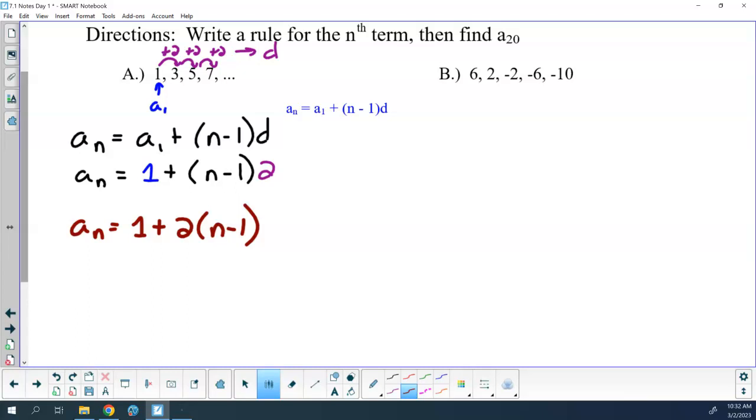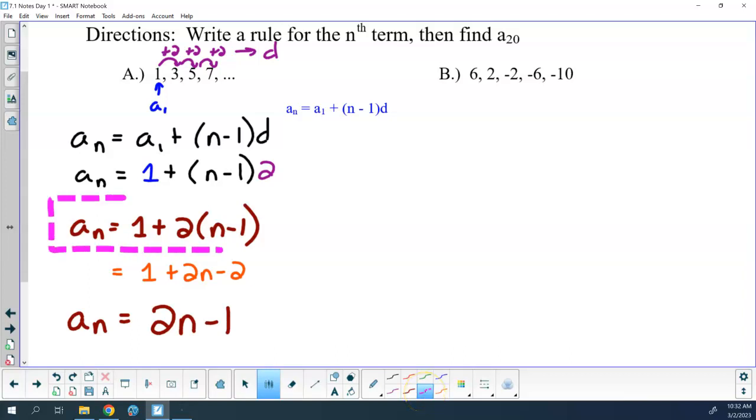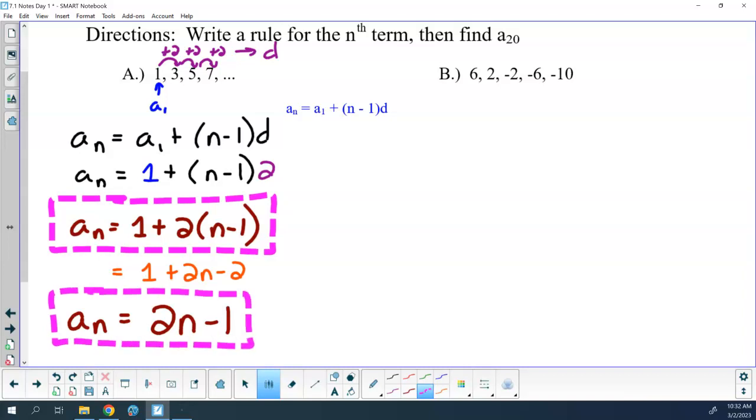Ideally, though, you would distribute and simplify. Either one of those would be the rule. They're both the same.